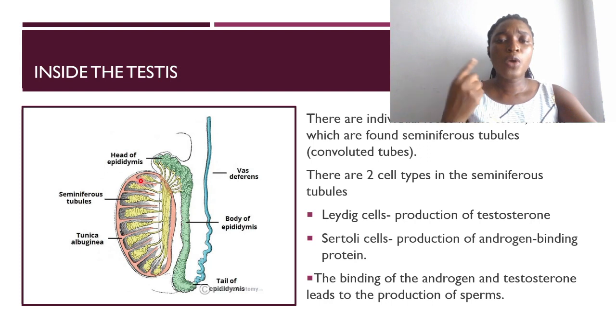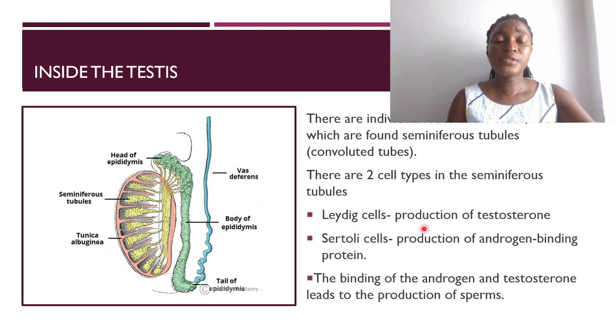Within the lobes, you have tubes which are coiled in a convoluted manner. They are referred to as convoluted tubes. These specific tubes are the seminiferous tubules. These seminiferous tubules are found inside the testicles, and within them we have two types of cells. They are the Leydig cells and the Sertoli cells.